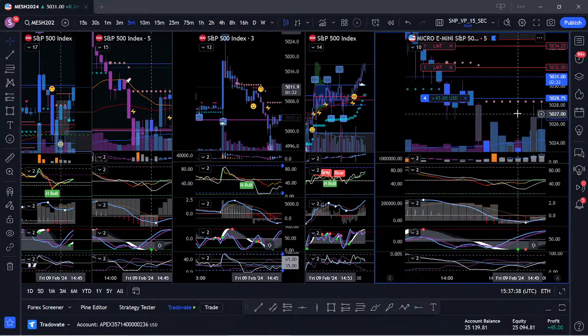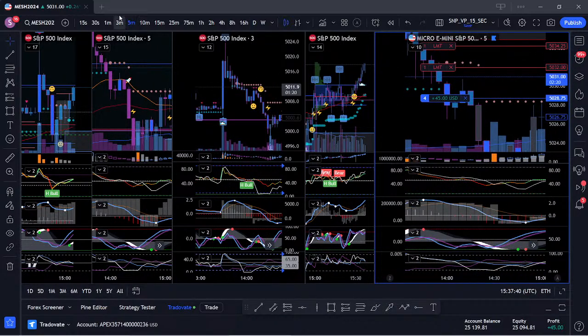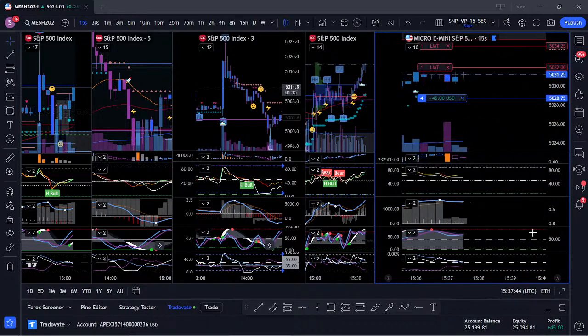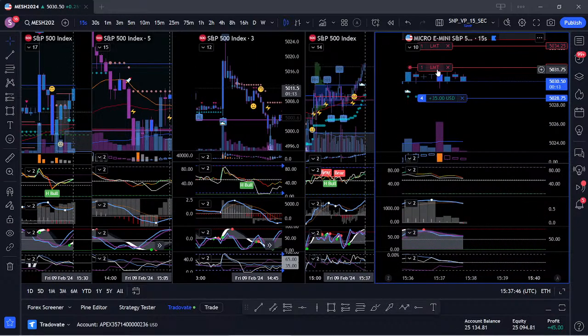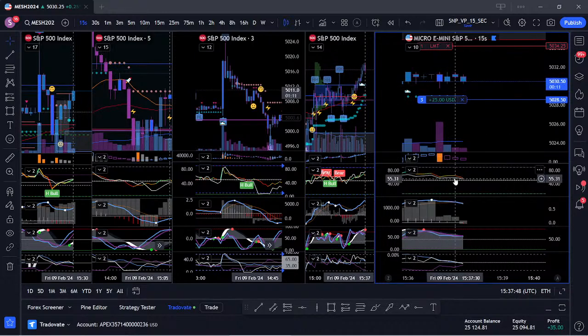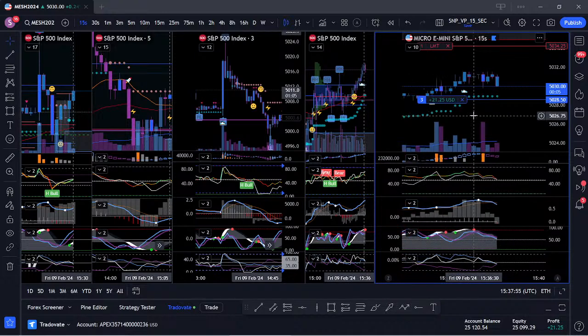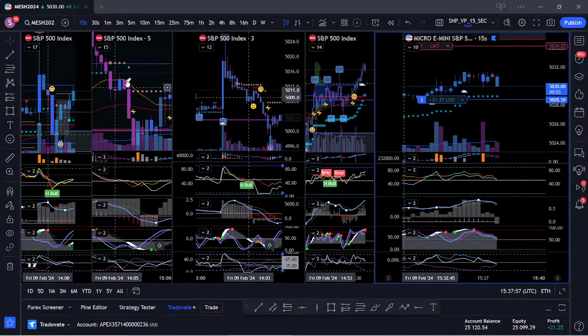It's already crossing it. So it's strong. There's no strong resistance, but anyway, we will take one because it could go back, so we can reload again. Yeah, because that's the first rejection.